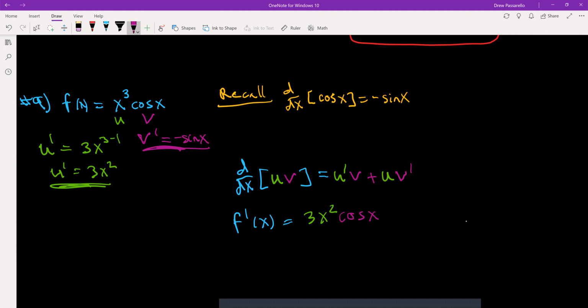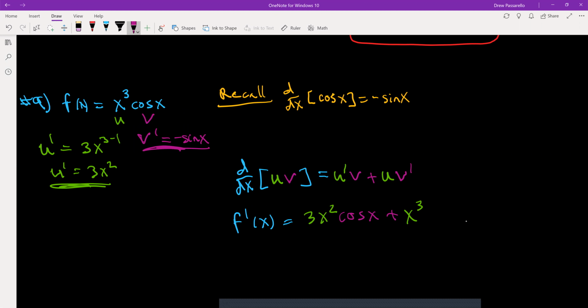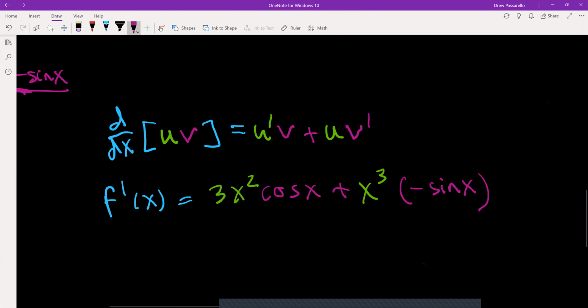And then plus u times v prime. U is x cubed. And then v prime is negative sine x. And I'm going to put that in parentheses. All right, so that's directly substituting it in.